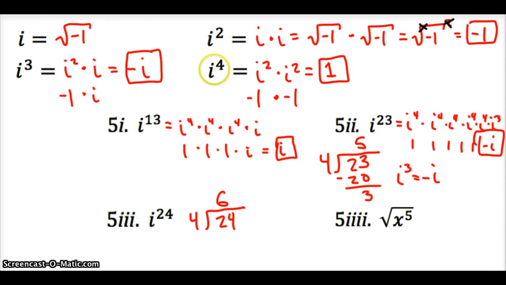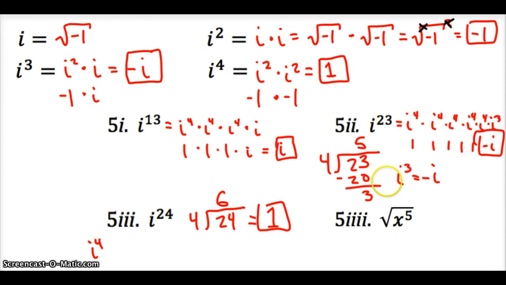So i to the fourth goes into i to the 24th 6 times with no remainder, so that has to equal just a 1. That means that there's i to the fourth in here 6 times. It would just be 1 times 1 times 1 times 1 times 1 times 1, and it all equals 1.